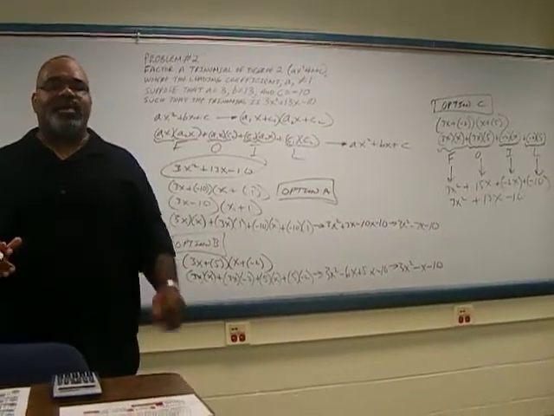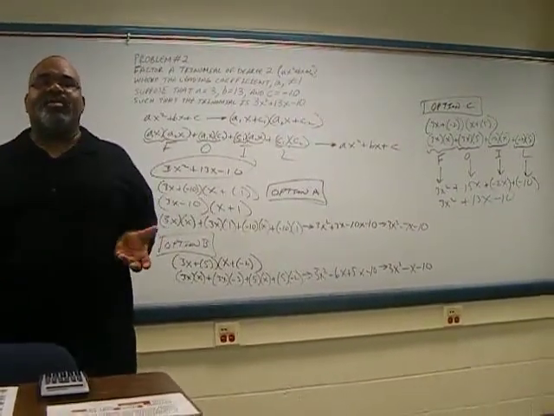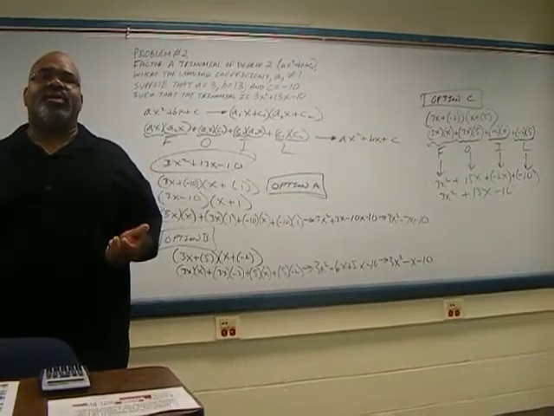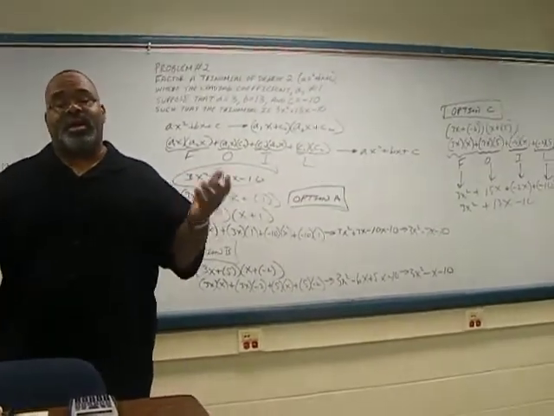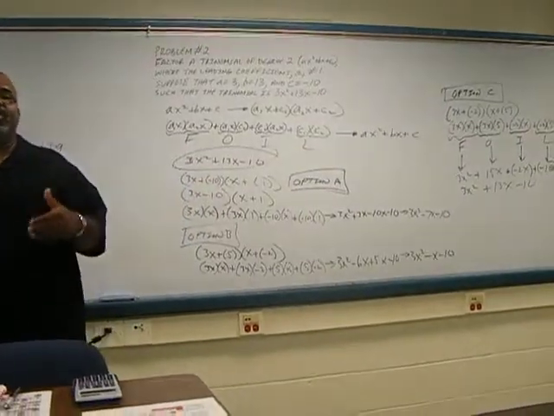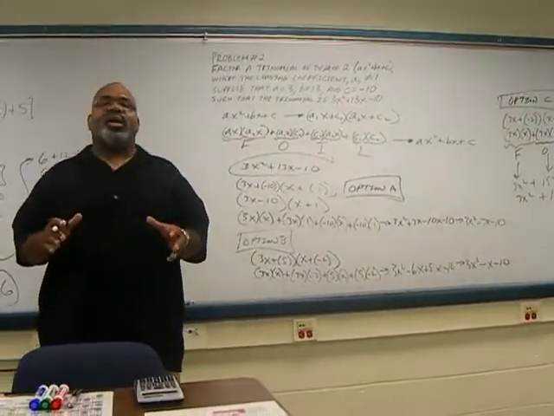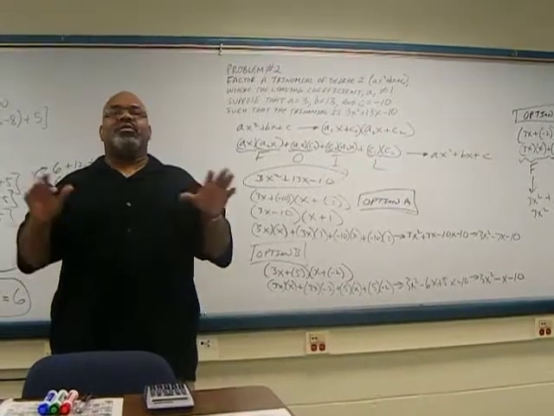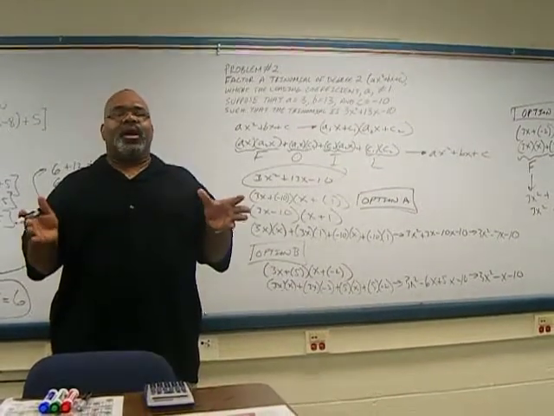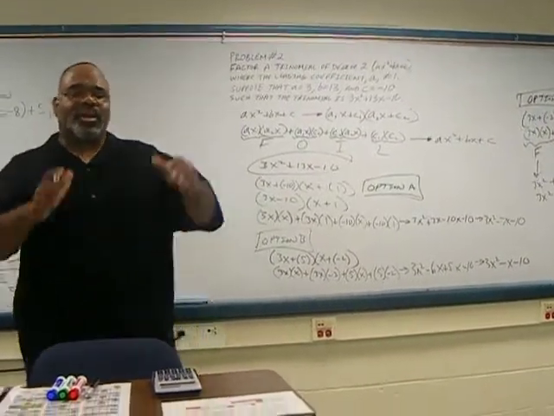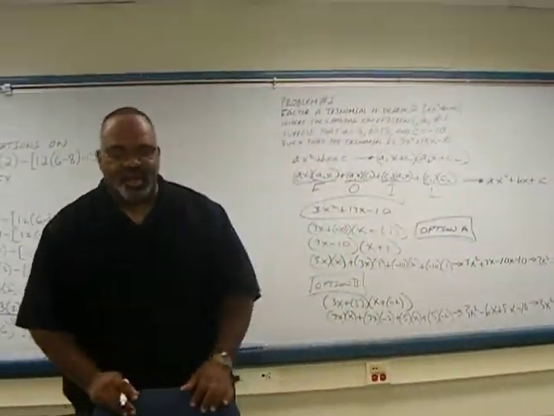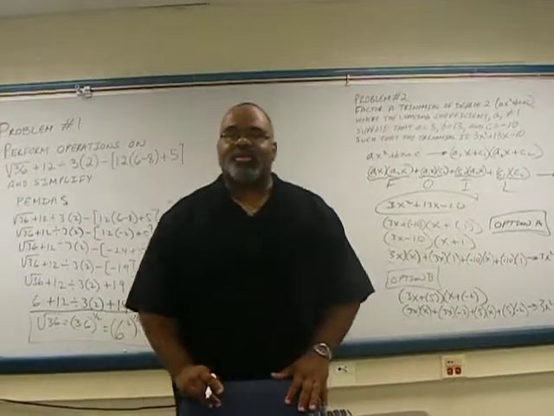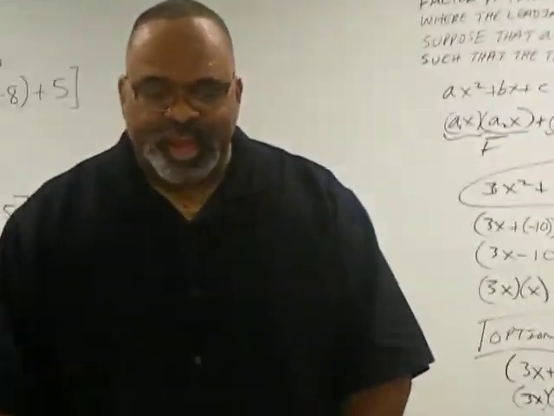Now the reason why I showed the options is because different people may choose different options. Because everybody is a different person, we might choose different options, but we're still going with the same idea of using that trial and error method with the FOIL for a check, so that we can come to our target trinomial or the decomposition of the trinomial into the product of a set of binomials.